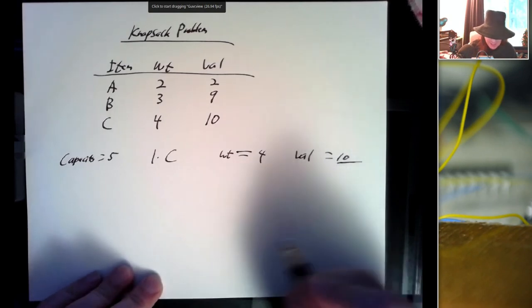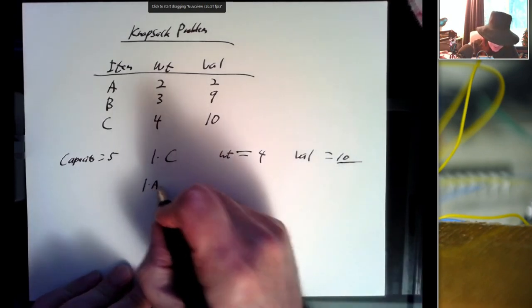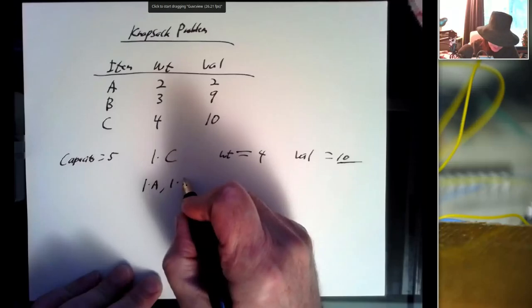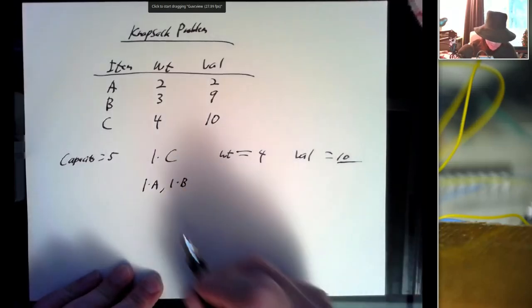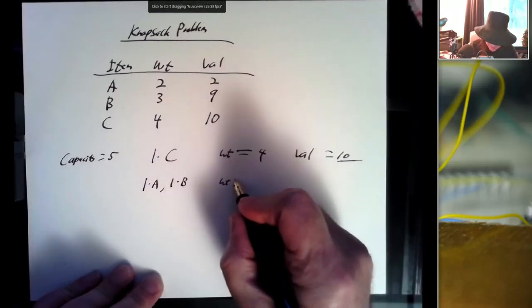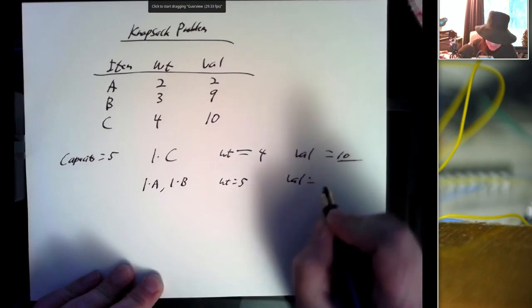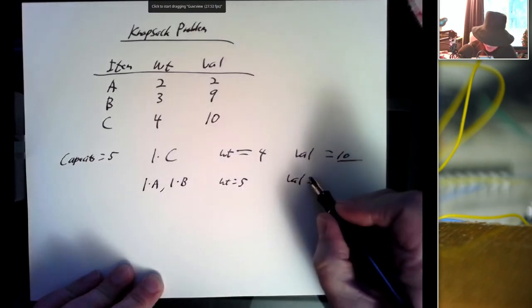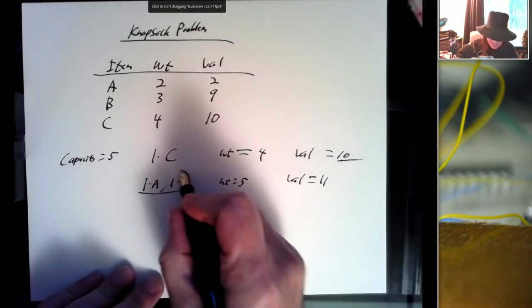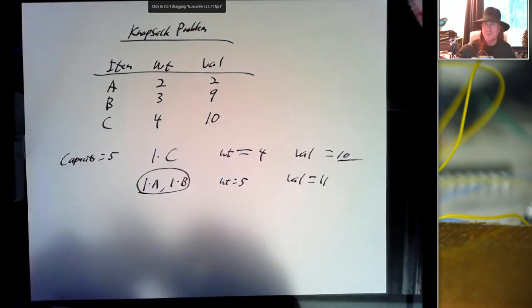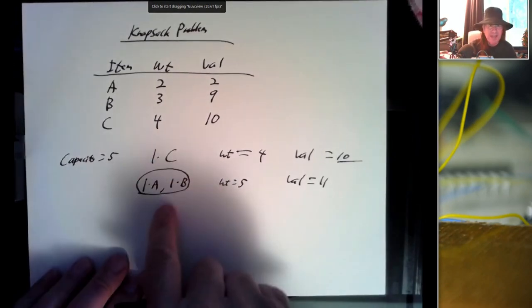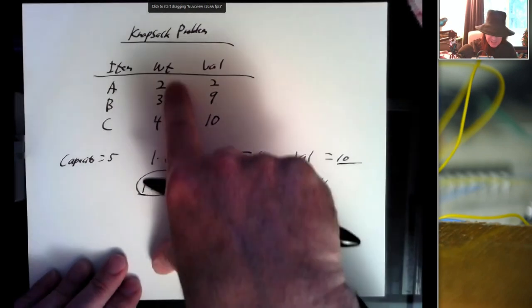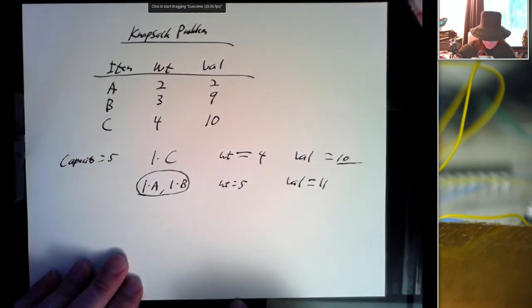But if instead we put in 1 of item B and 1 of item A, that would weigh a total of 5 pounds, and the value would be 9 plus 2, which is 11. So this is a more optimal solution. We get a higher value in our bag by putting in these less valuable items.